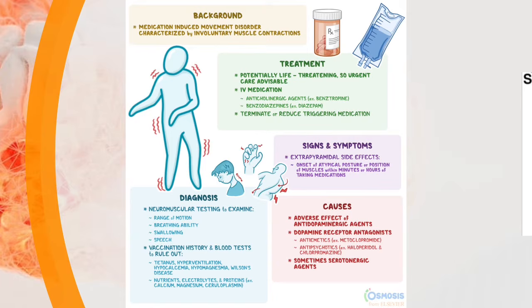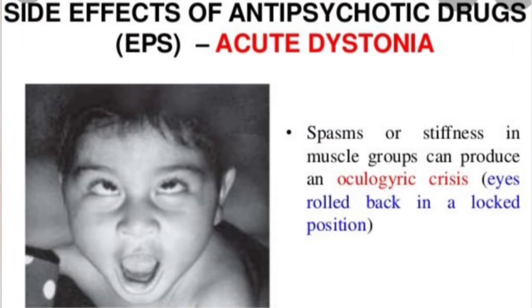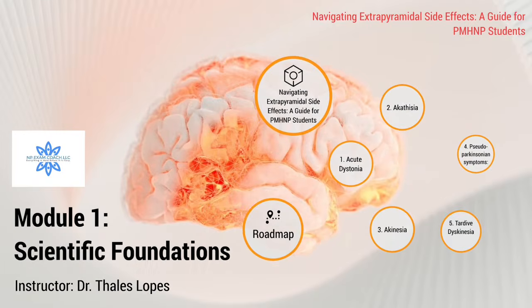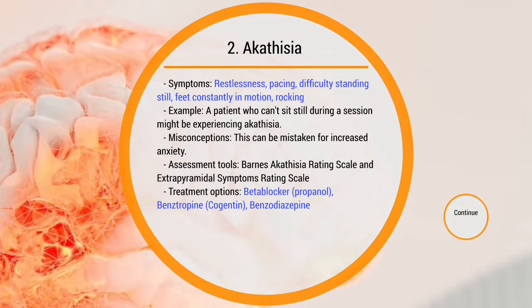In practice, I really like to give an antihistamine, Benadryl, for example, IV. So here is what oculogyric crisis looks like. The eyes are rolled back in the locked position. See, the mouth is open. So that is acute dystonia in a nutshell, and you give benztropine or Cogentin, which is the same thing.